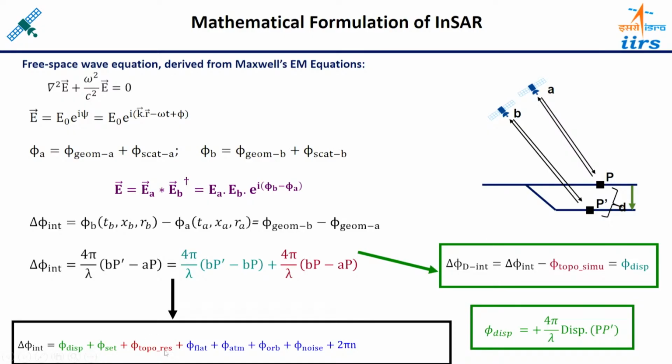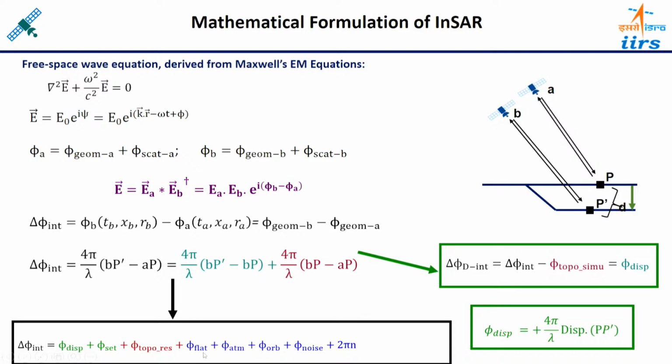Similarly, the topographic phase: because of hilly regions, the land goes beyond the geoid or the spheroid, and that height is nothing but the topography. So because of the topography also, some contribution in the phase difference is generated.